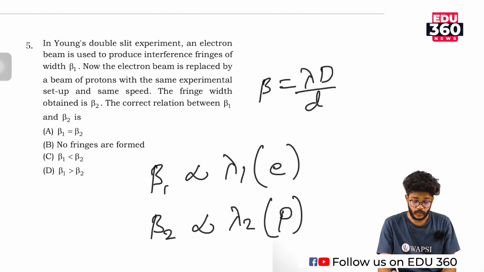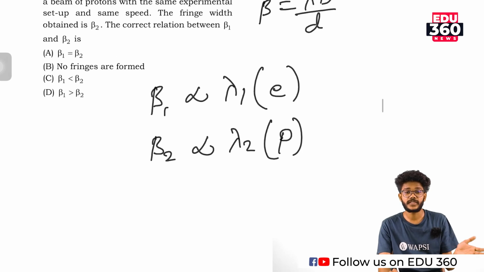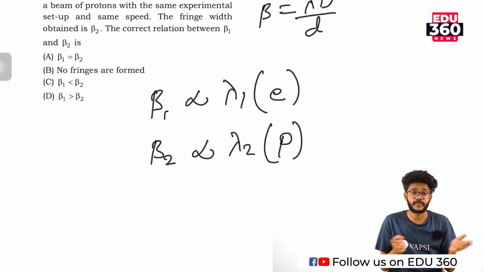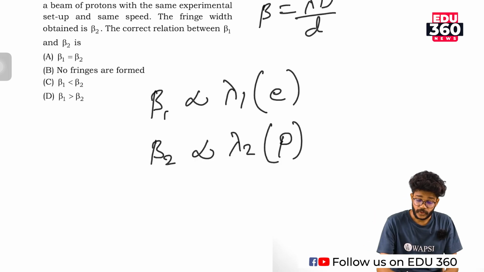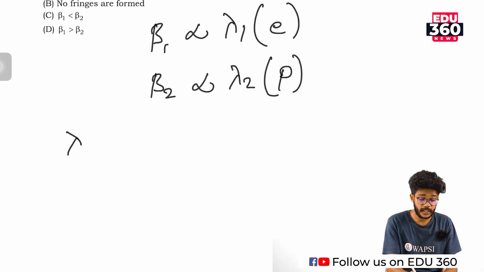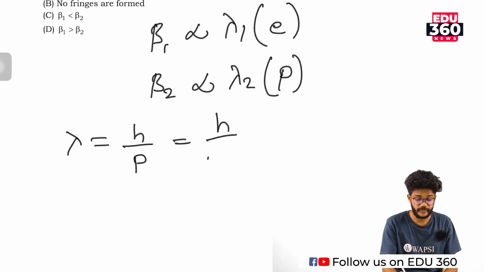How can we differentiate the wave of an electron or a proton? Electron or proton can be distinguished on the basis of charge and on the basis of mass. So we have the equation lambda is equal to h by p, which is equal to h by mv.